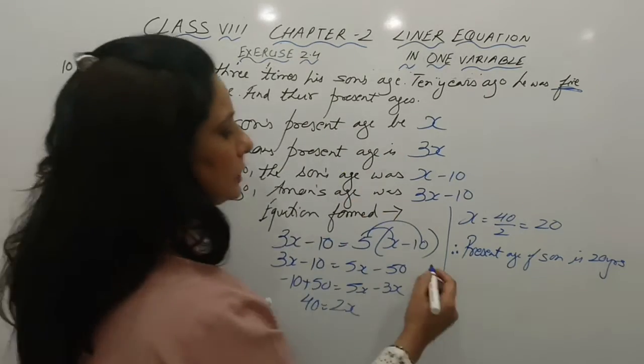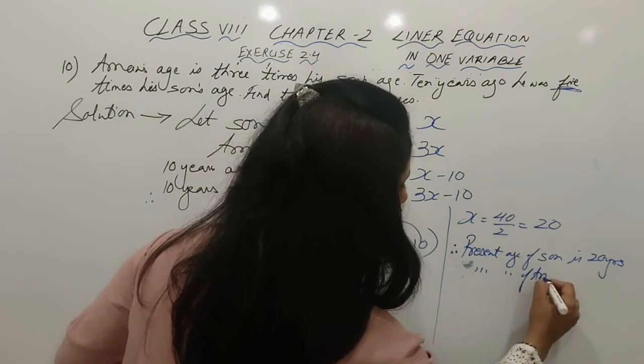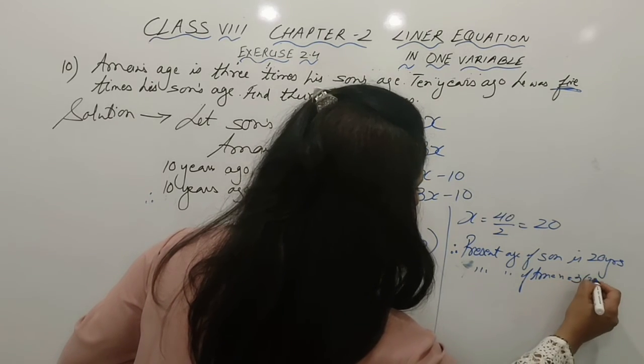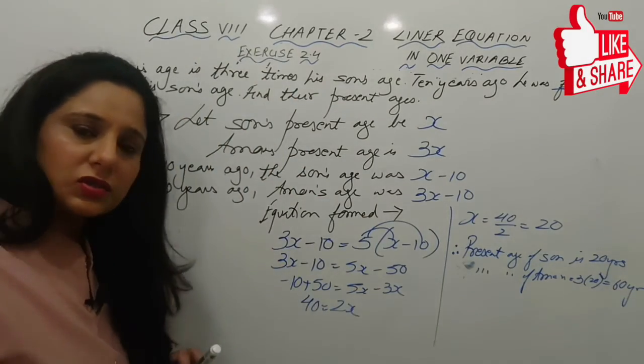And what is father? Present age of Aman will be 3 into 20. That means Aman is 60 years.